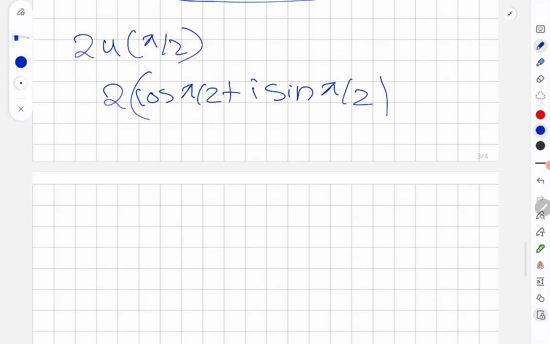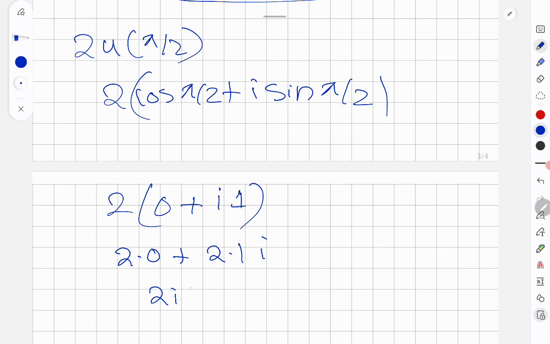What's the value of cos pi by 2? It's 0, and sin pi by 2 is 1, so it's 2 times 0 plus 2 times 1 i, so it's 2i. Got it?